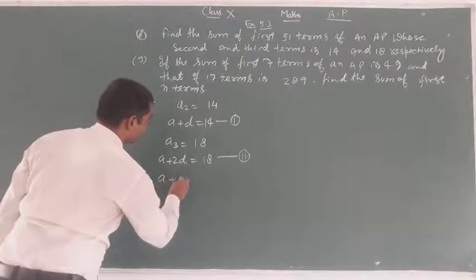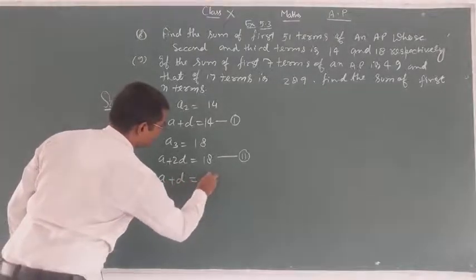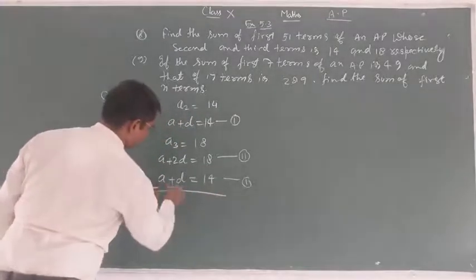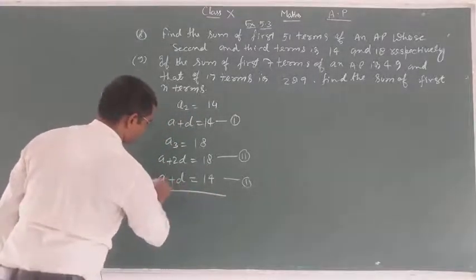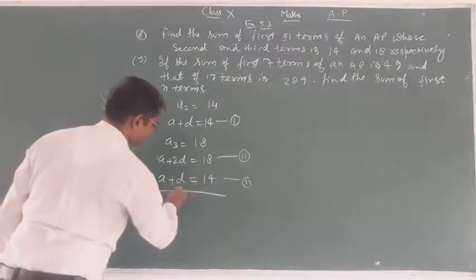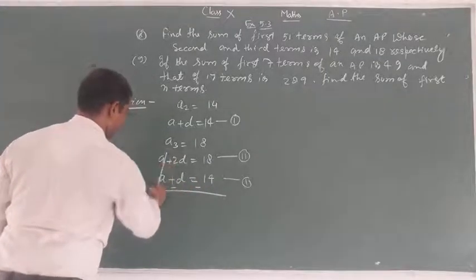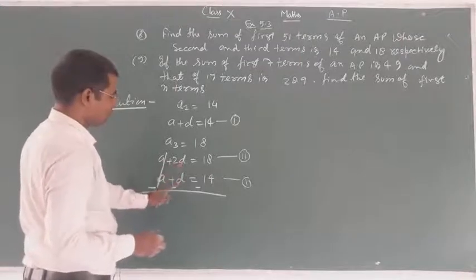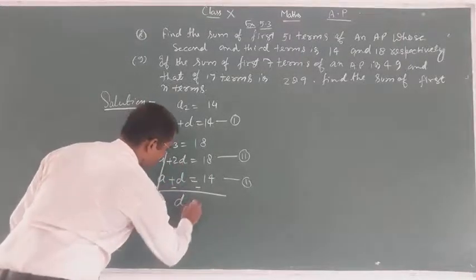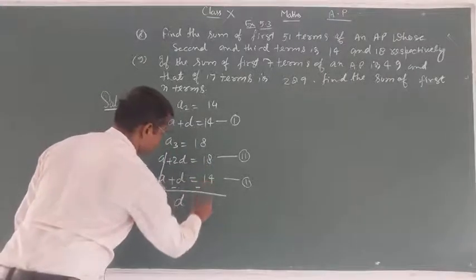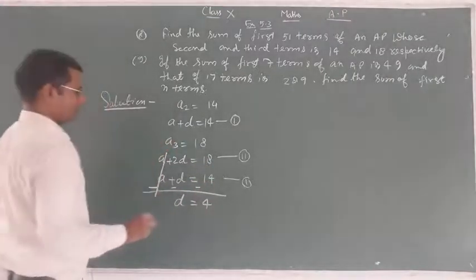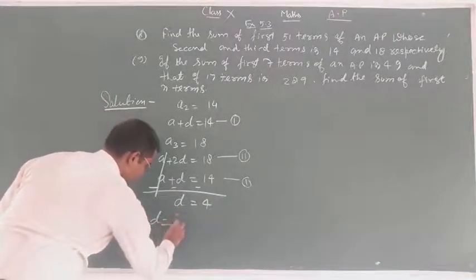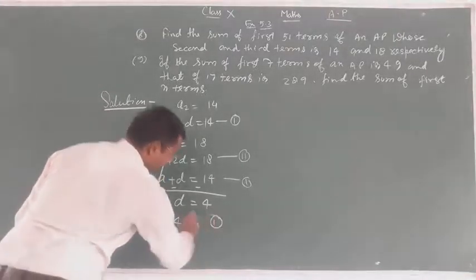Now A plus D is equal to 14. Subtract these equations. Now A cancels out. So 2D minus D is equal to D, and 18 minus 14 is equal to 4. Now put D is equal to 4 in equation first.